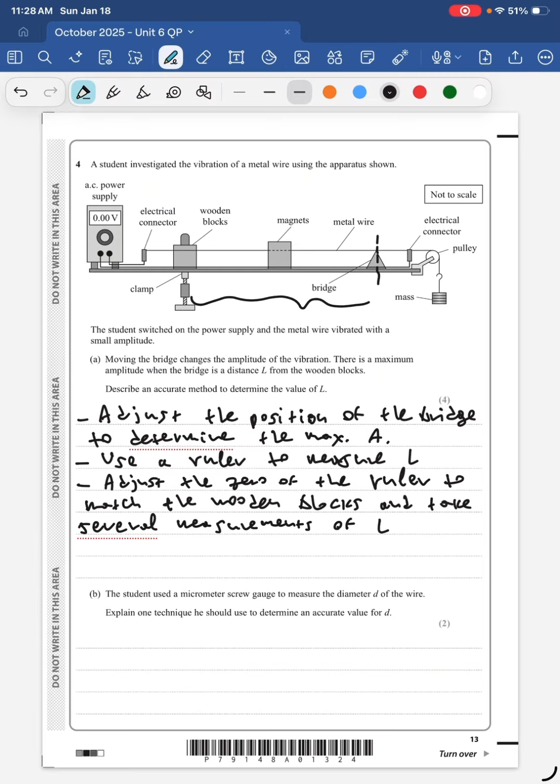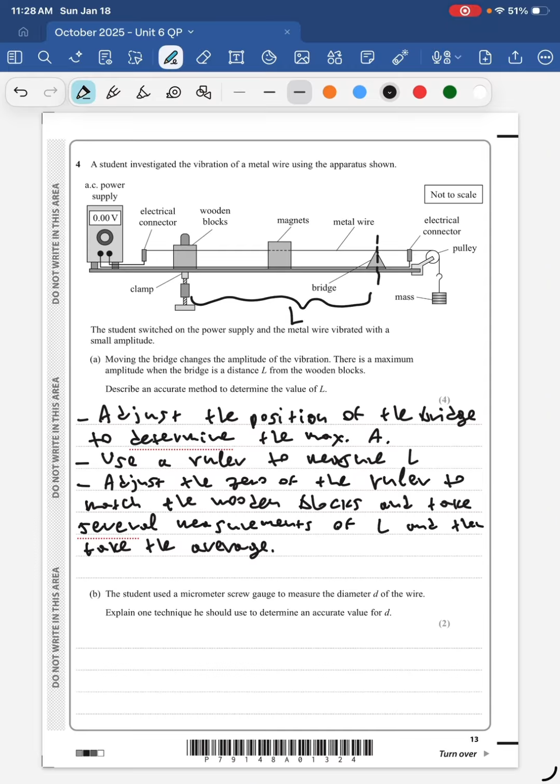So that's another thing you can say. Take several measurements of L and then take the average. So that's a possible answer.